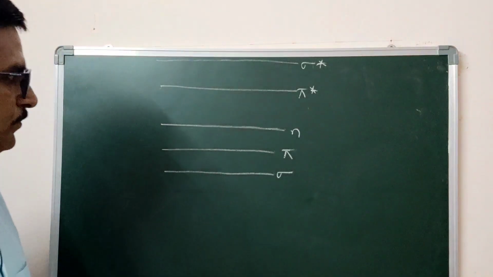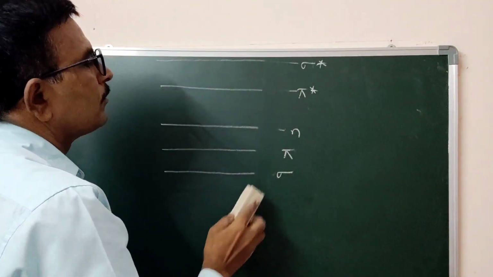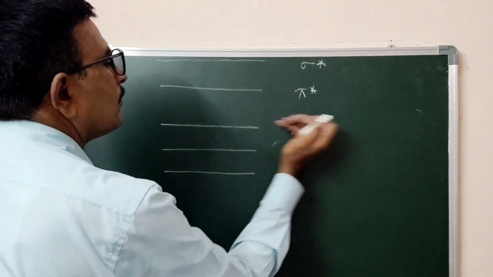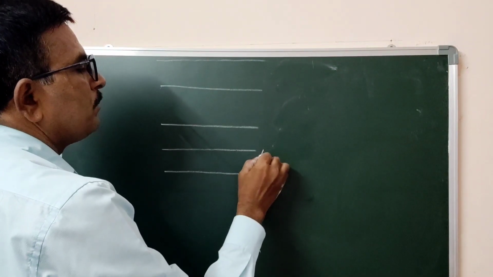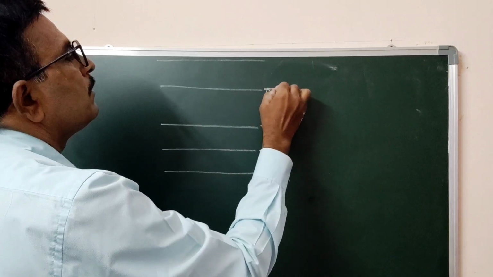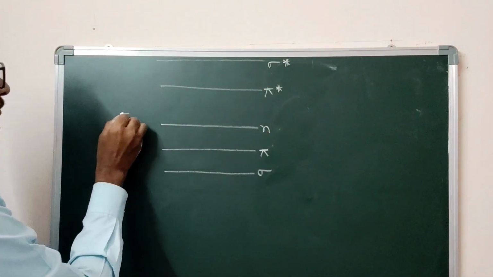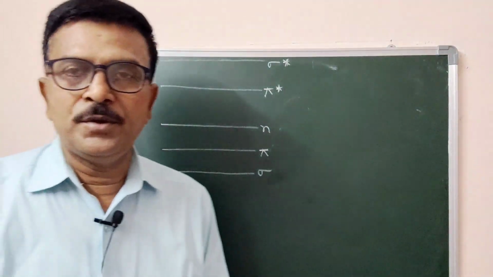Now you can see: sigma orbital, pi orbital, N orbital, pi star orbital, sigma star orbital. This is the order of orbitals situated in the sample molecule.